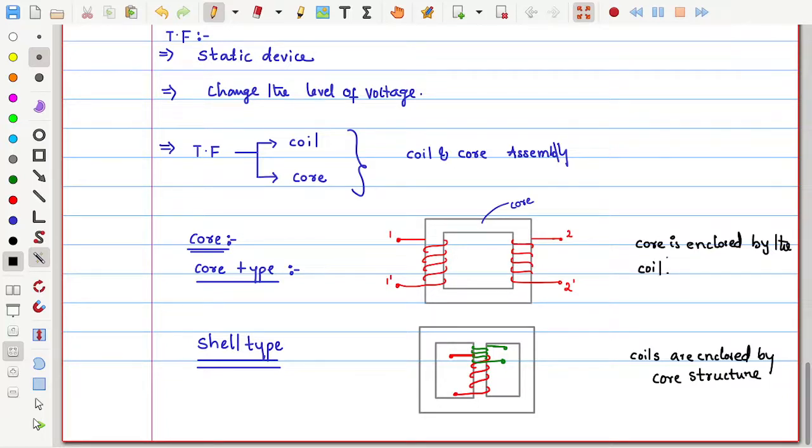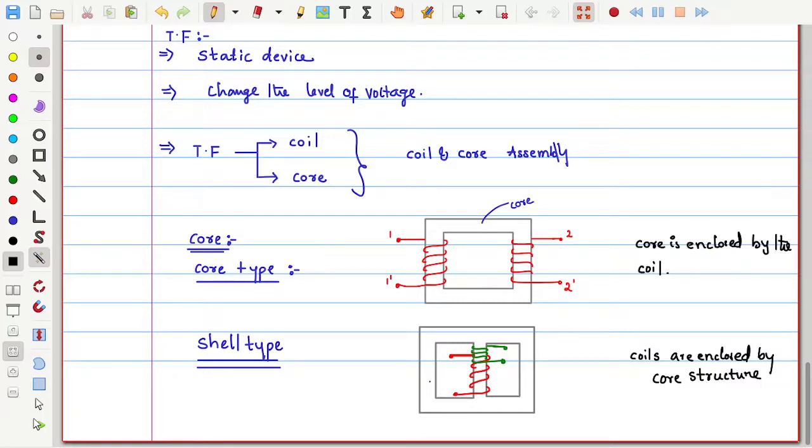Means the coil is outside, core is inside. Here, whereas, the coil is completely enclosed. You should understand that difference. I don't know whether the term enclosed gives the proper meaning here or not, but you should understand it carefully. So here coils are outside, whereas here coils are completely enclosed by the core on all sides.